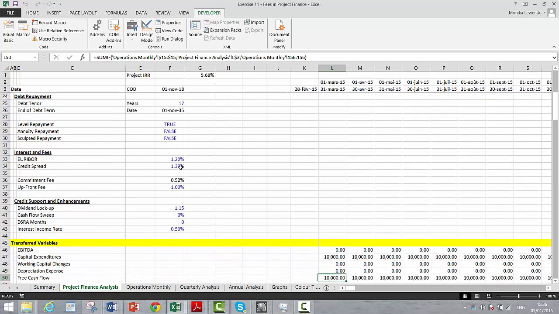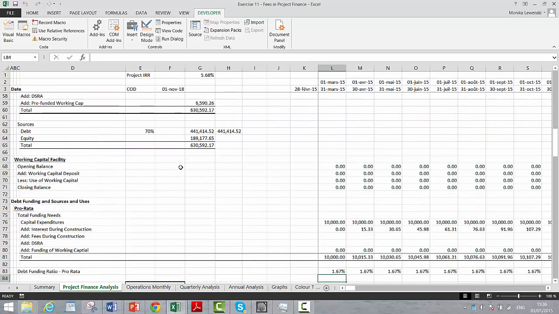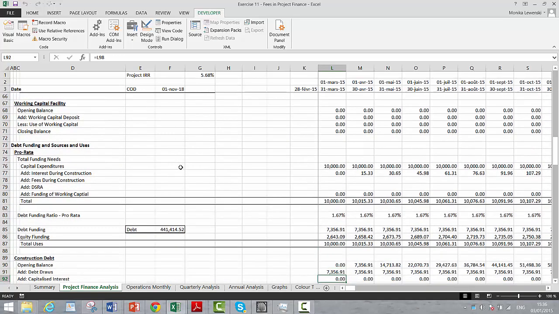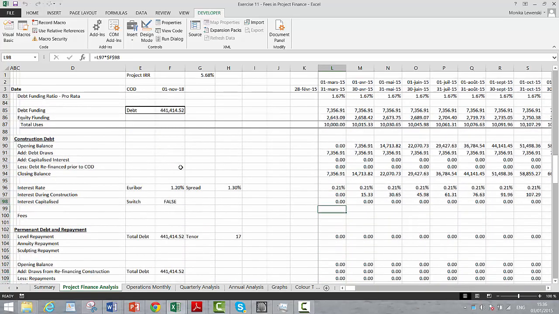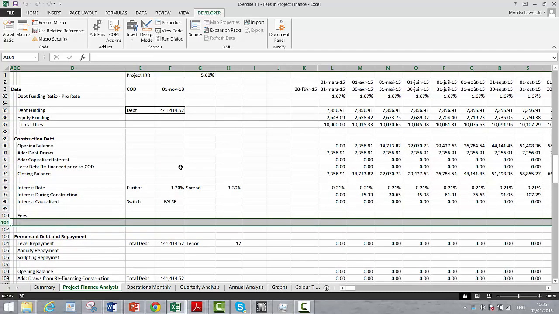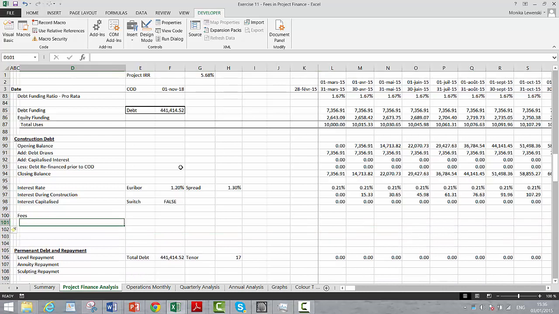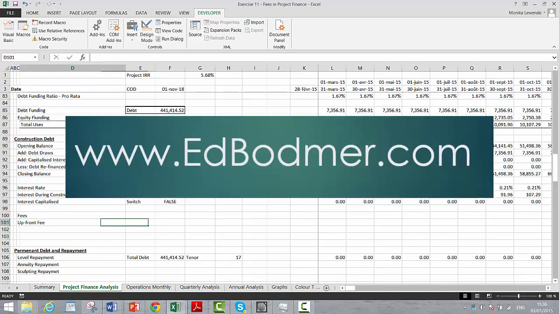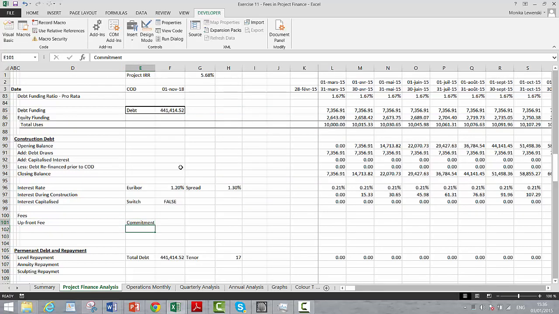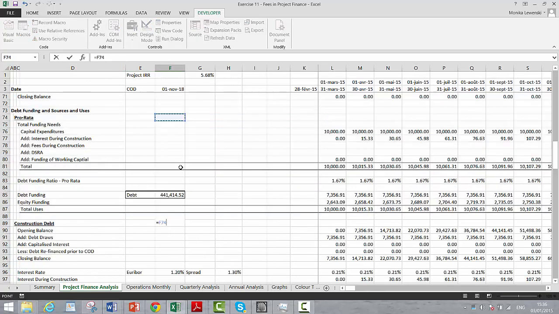Alright, and then let's put fees in here, and first the upfront fee. Now, I don't think we have the debt commitment here, so I might as well put it in here.